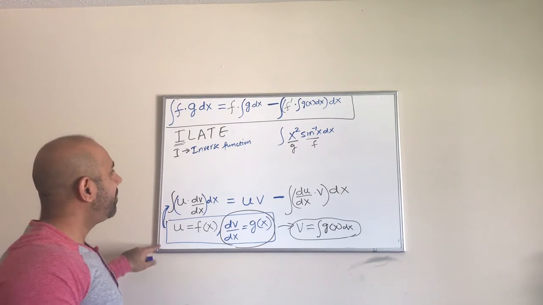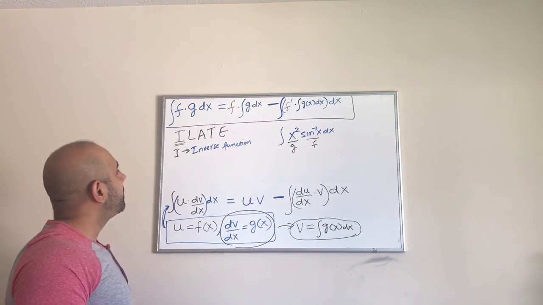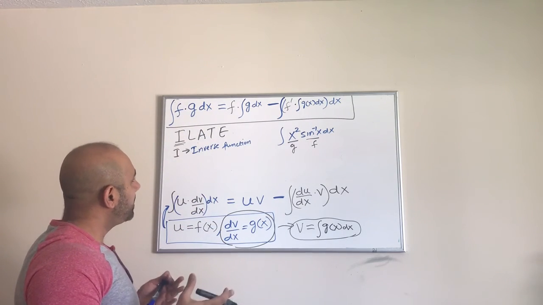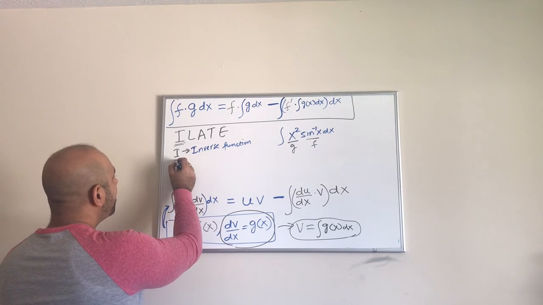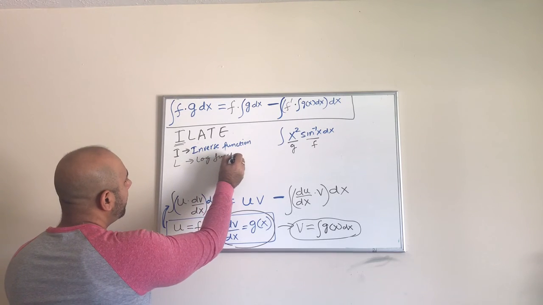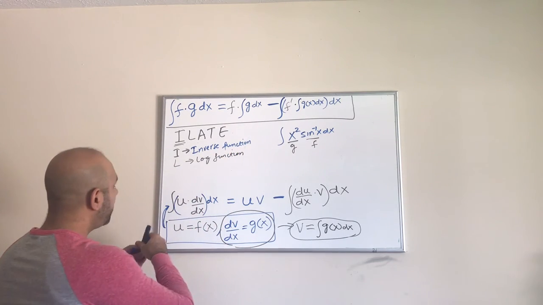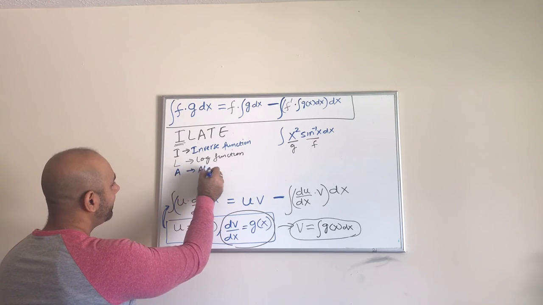So guys, that is what I mean by this short form. First you give preference to inverse functions as the first function, the f function. Then second comes the L, which is the log functions. Then third, you may have already figured this out, the algebraic functions.